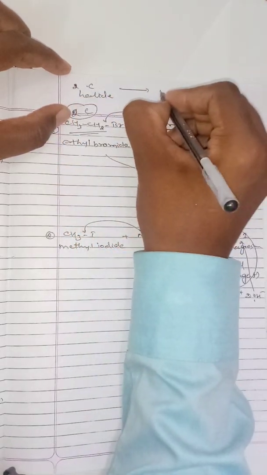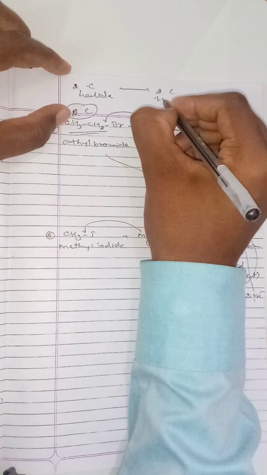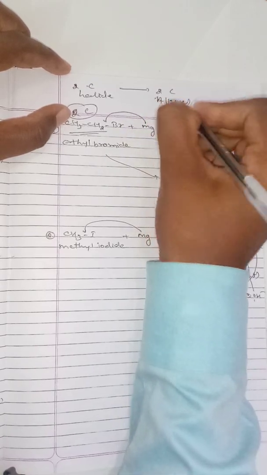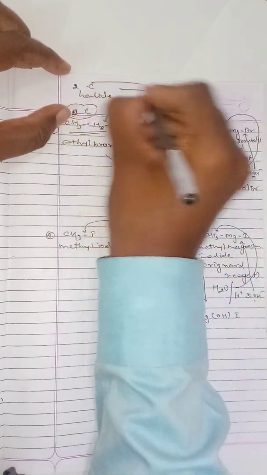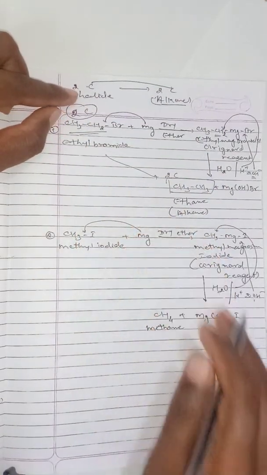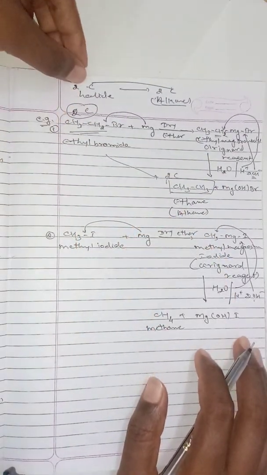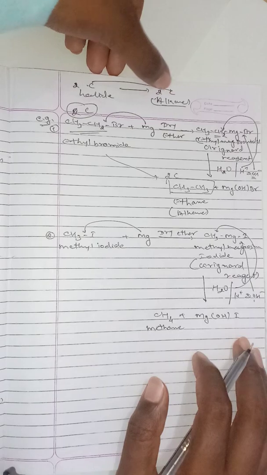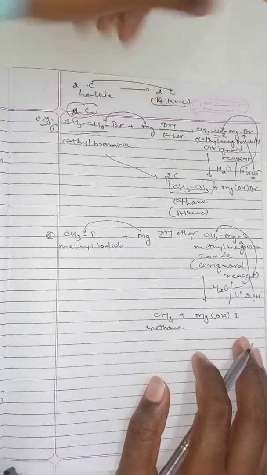Same number of carbon. Suppose you are taking 3 carbon of alkyl halide, you get 3 carbon of alkane.